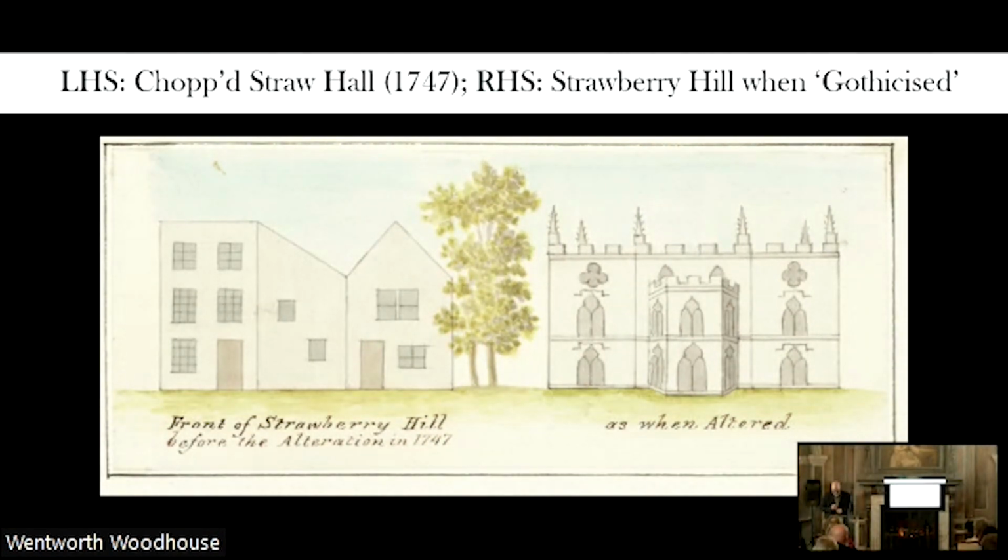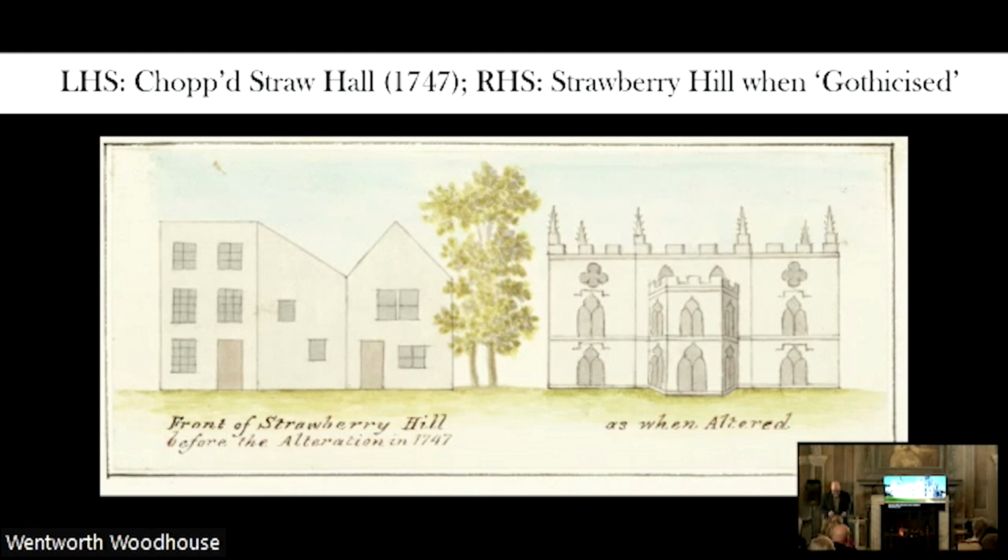Now, the hall had been built in 1698 as a rather modest pair of cottages. In 1749, 2 years after having taken the lease to Chopped Straw Hall, and you can see it on the left of your screen, Walpole bought the freehold to the property outright, and over the next 3 decades proceeded to transform it, or in his words, rather an ugly word, Gothicize Chopped Straw Hall into the extraordinary Gothic architectural fantasy that we know today, Strawberry Hill.